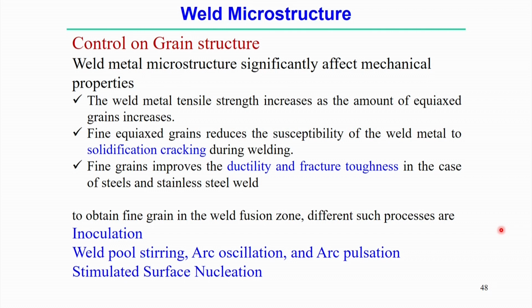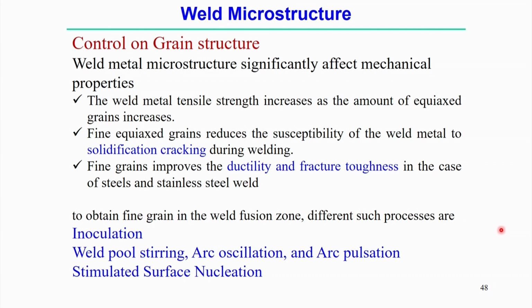So, it is always advantageous to produce an equi-axed or fine microstructure in the welded joint, as it improves the mechanical properties of the weld joint.